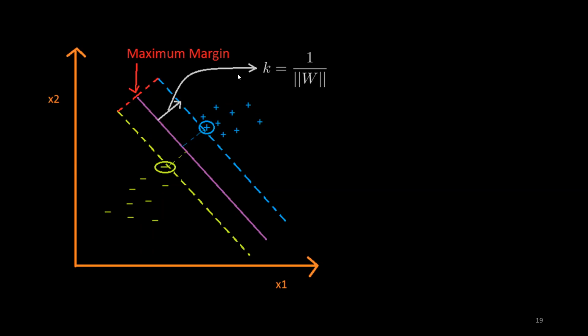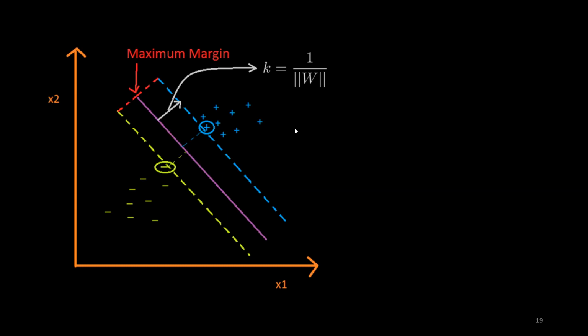On the other hand, if I reduce the value of k, if I make it small, in that case, the distance between the decision boundary and this positive hyperplane will decrease. In that case, it is easy for any point which is at the decision boundary to cross the decision boundary and enter the region of the positive class. In that case, the support vector machine becomes a soft classifier.